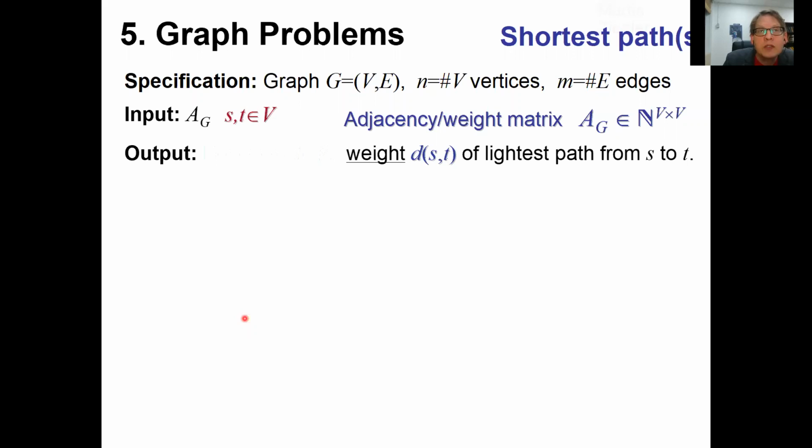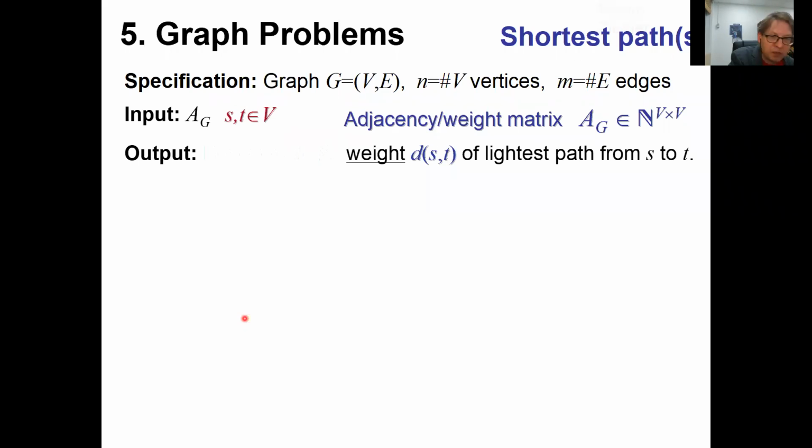So it's no loss of generality here to restrict to start and target vertices which already have been verified and confirmed as connected using the algorithm on the previous slide, and now looking for the lightest path in a refinement of that problem.